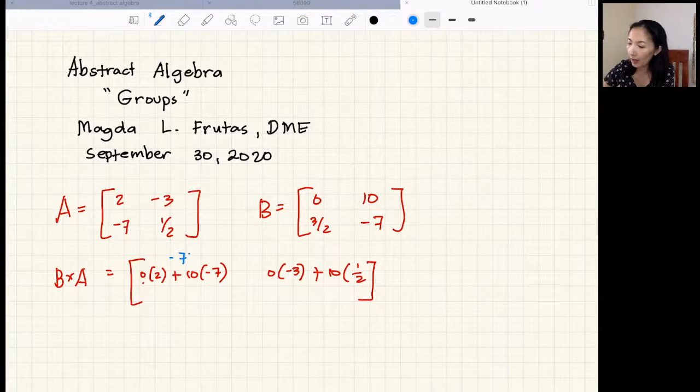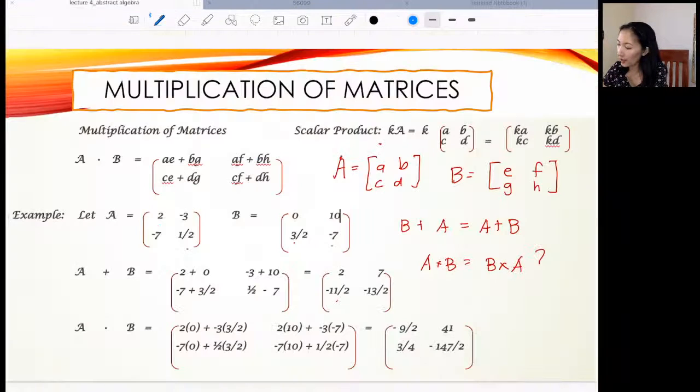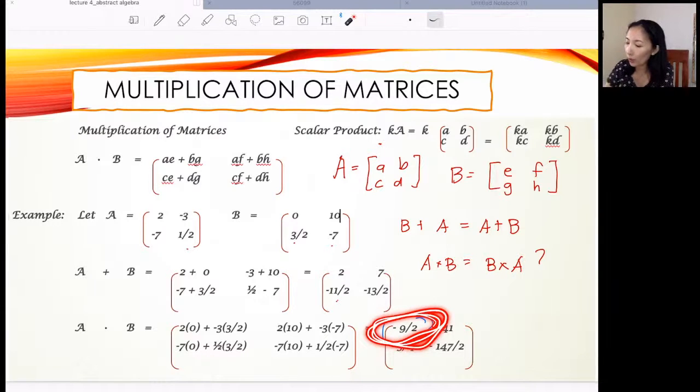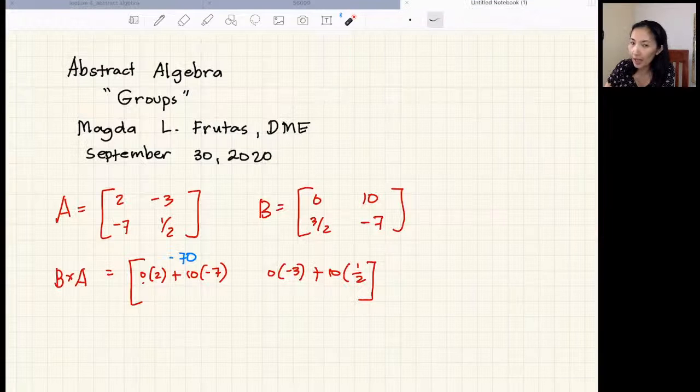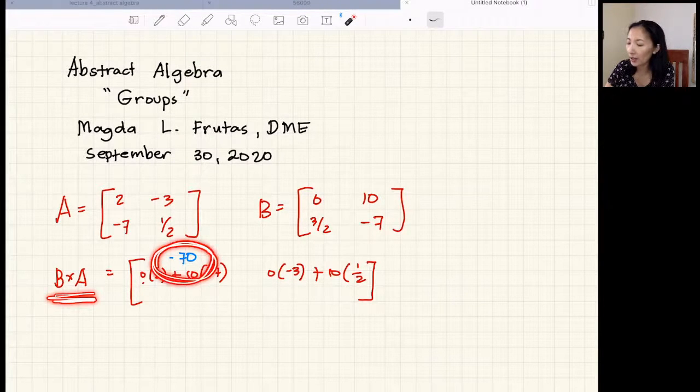Now, going back, look at this. The first entry for A times B is negative 9 over 2. Whereas for B times A, the first entry along the first row is negative 70.